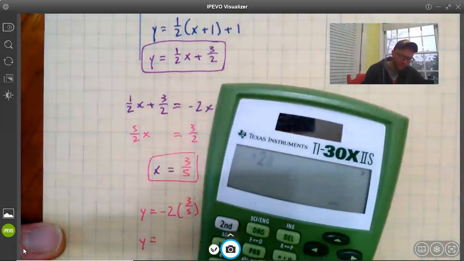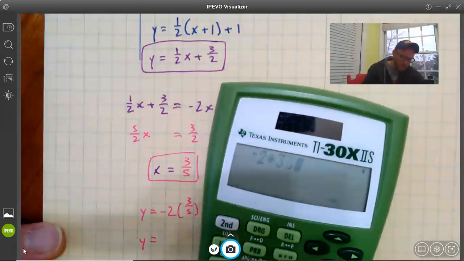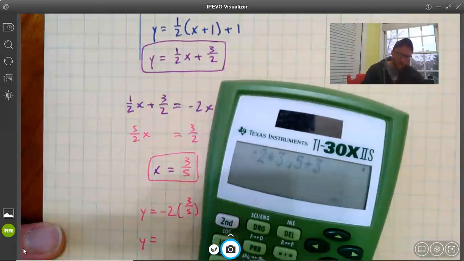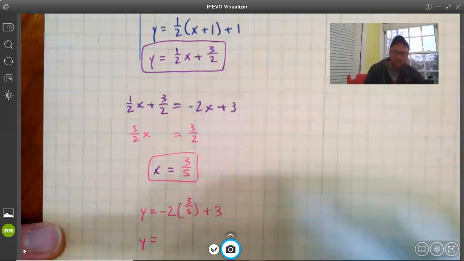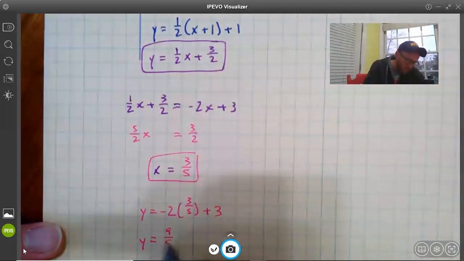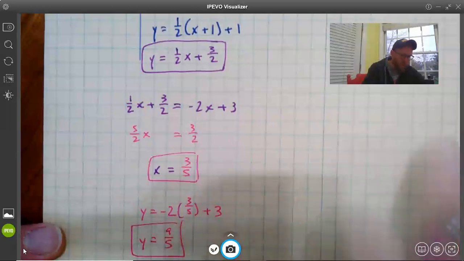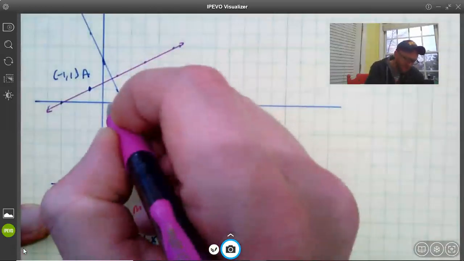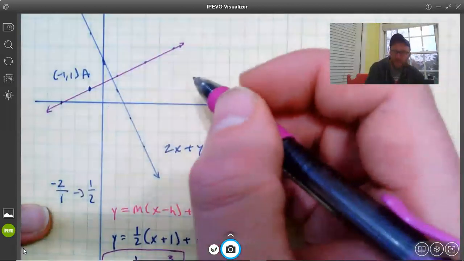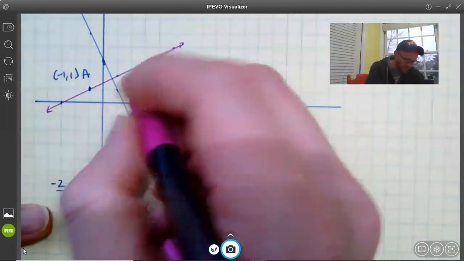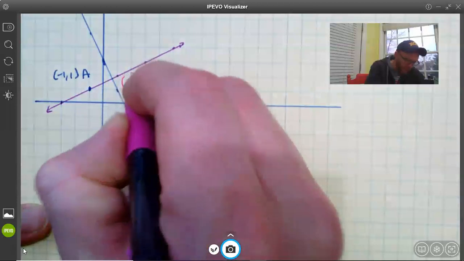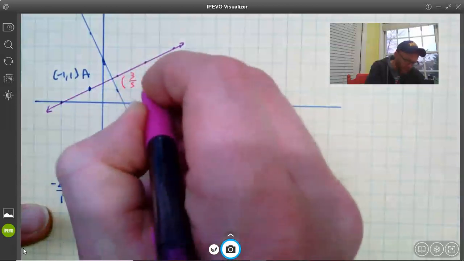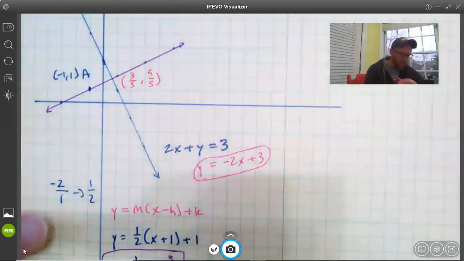So we got negative 2 times 3/5 plus 3 gives us 1 4/5, which is 9/5. Let's go take a look up here. So it looks like 9/5, 1 4/5. It's a little bit less than 2. I buy it. That looks about accurate. So we're going to call this the point (3/5, 9/5).